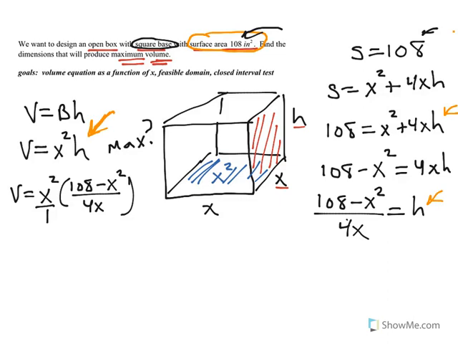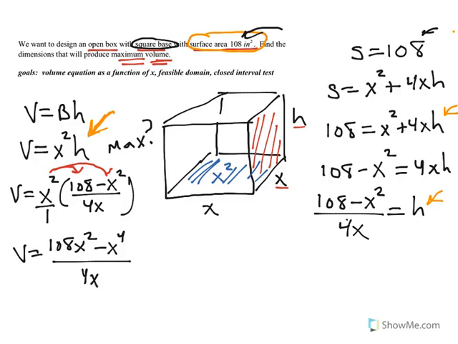So distributing in the x squared, we're going to get volume equals 108 times the x squared, and distribute it to the second term. That's going to get you a minus x to the 4th, all over 4x.